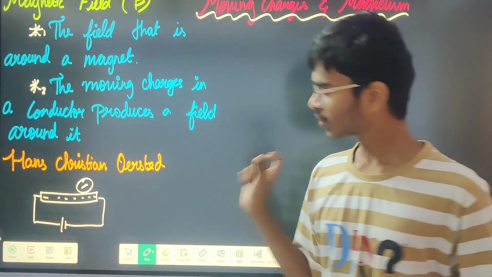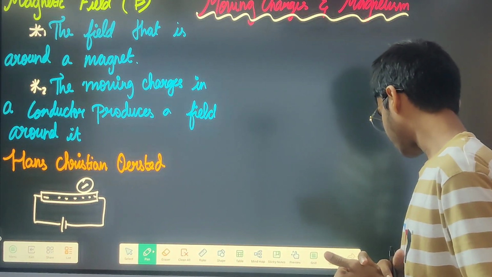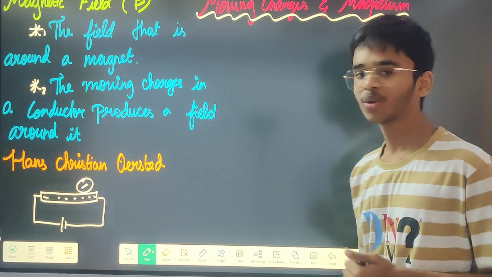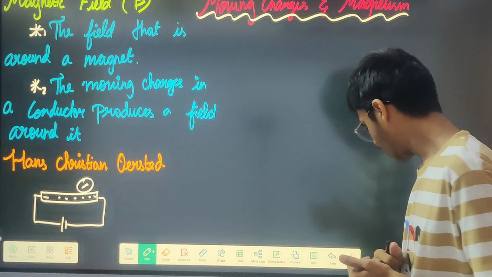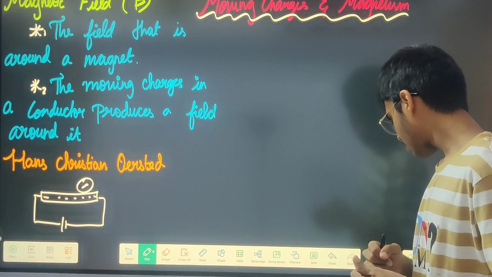Okay, so in order to prove this, I will just read the statement. When a current carrying coil is placed near a compass needle, Oersted observed that there is a deflection in the needle.